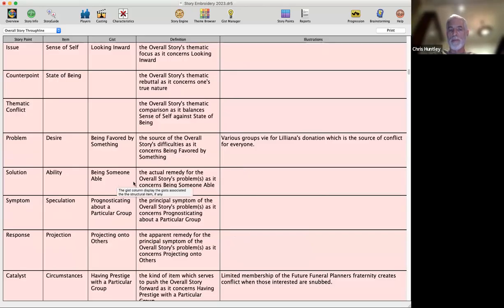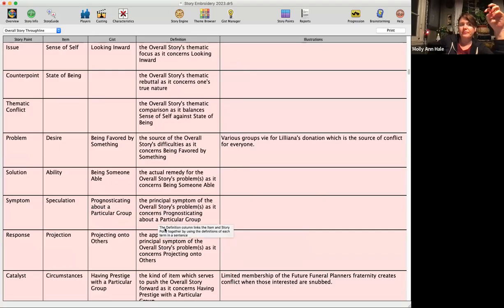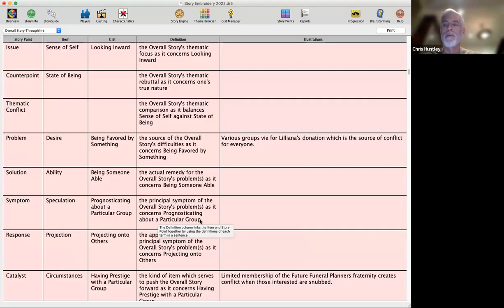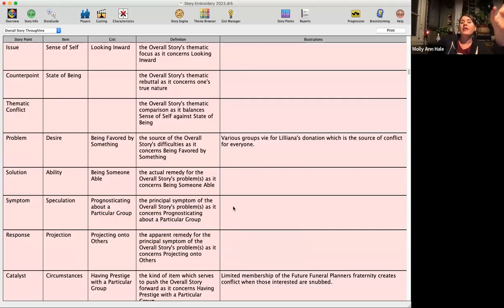And since she's in the paper, and it's prognosticating about a particular group, who's she dishing about? She is definitely dishing about the future funeral planners, saying some not so nice things about how they do have cult tendencies and putting a shadow over their whole reputation.